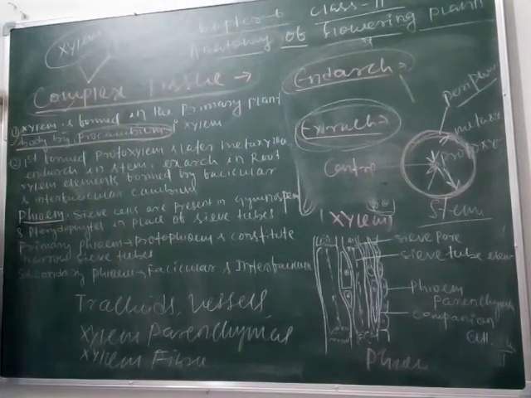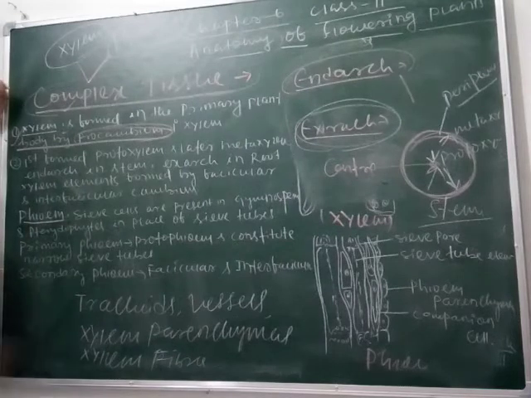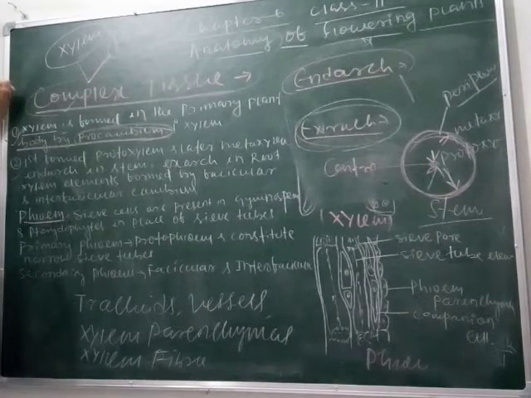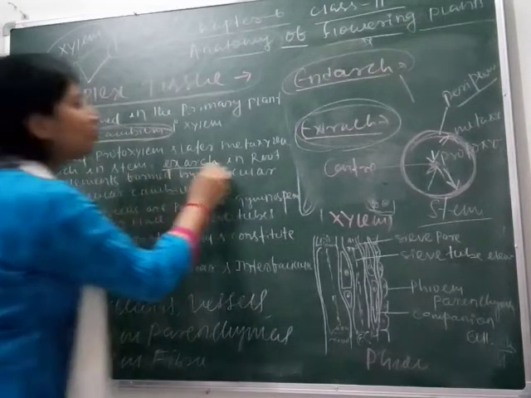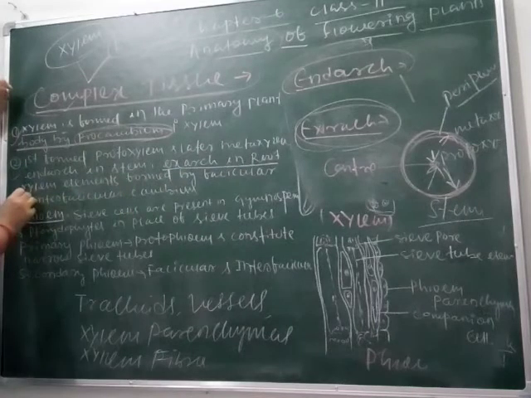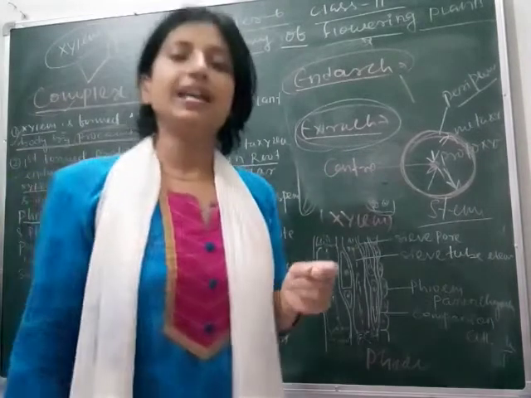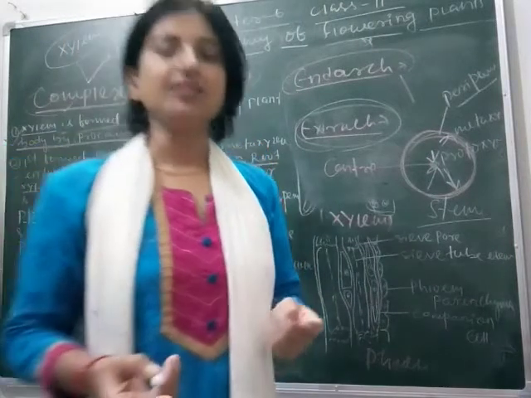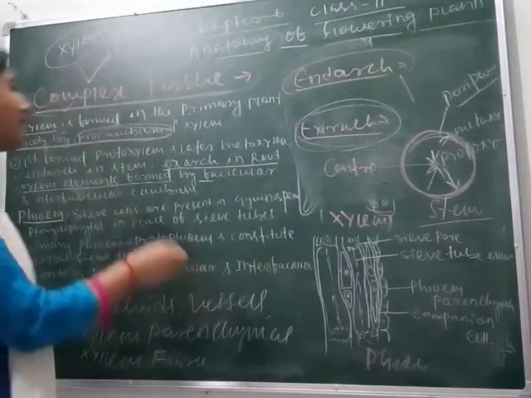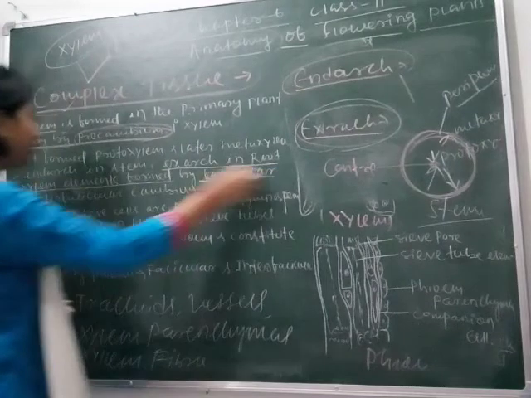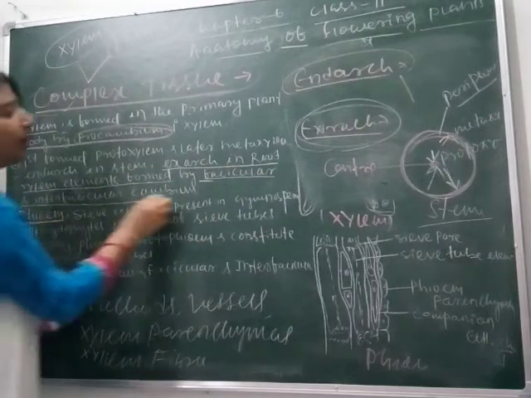So here again, let's see how exarch and endarch arrangements are formed. Remember, in the root, as I have told you, xylem has 4 elements. These elements are formed by fascicular cambium and interfascicular cambium.